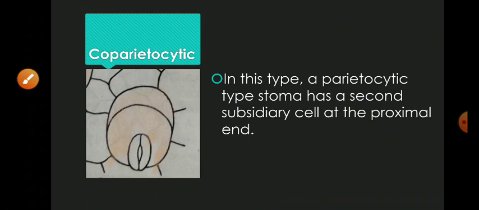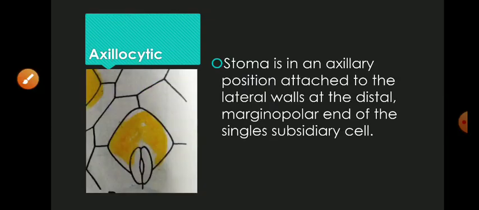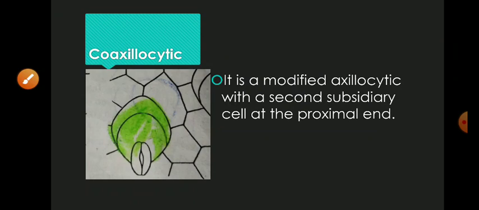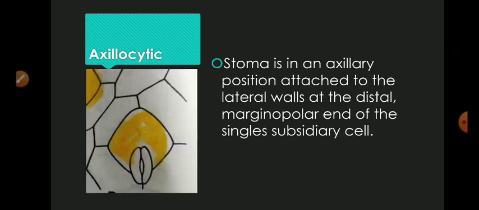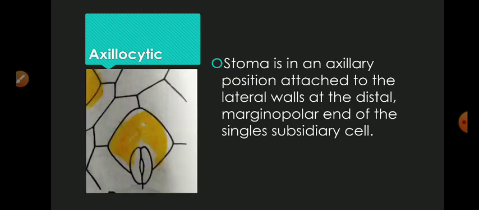Here, same thing, but an extra subsidiary cell is present and it is attached to the first one. Axillocytic and coaxillocytic. Similarly, these are also the same, just here you have only one subsidiary cell, here you have two subsidiary cells, one on the other at the proximal end.